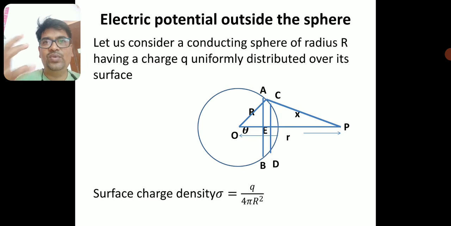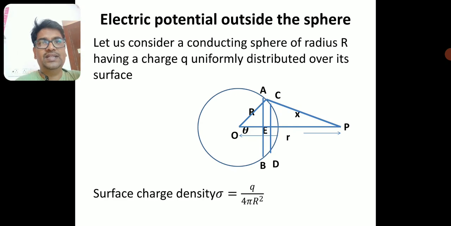So if Q is the charge present on a sphere having radius capital R, then sigma is equal to Q divided by its surface area, which is 4 pi R square. Now I have mentioned the surface charge density, sigma equals Q by 4 pi R square. Now I still have to declare so many things here.